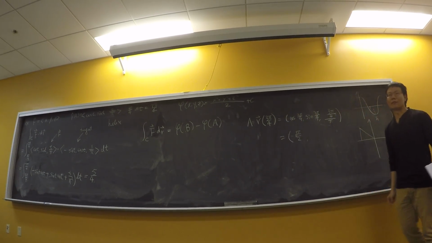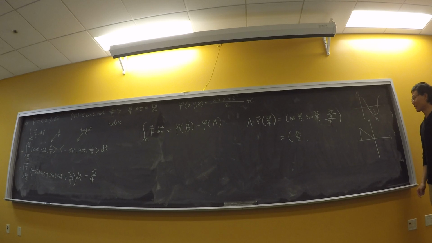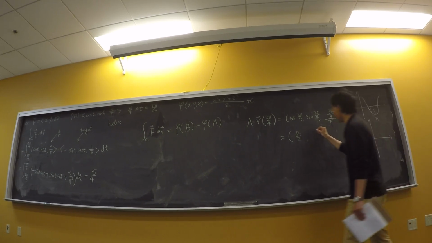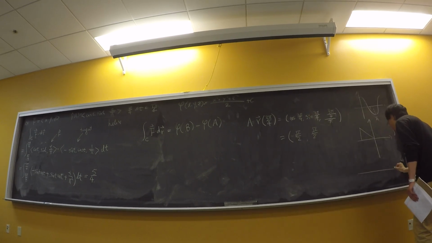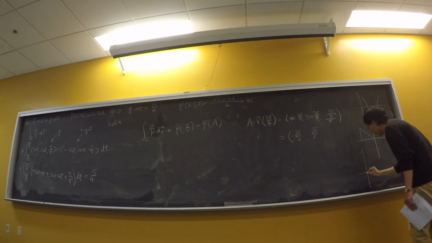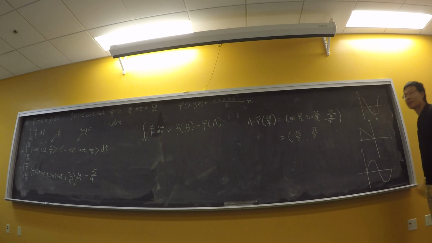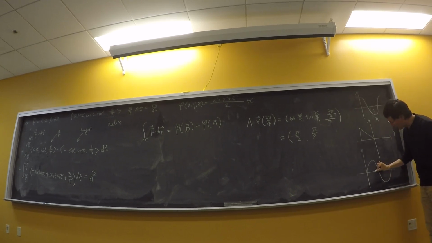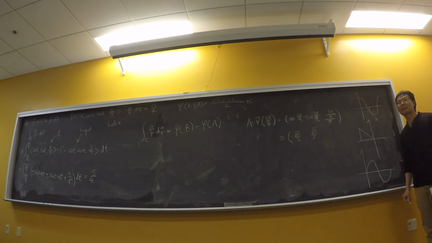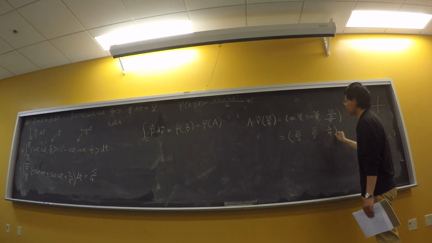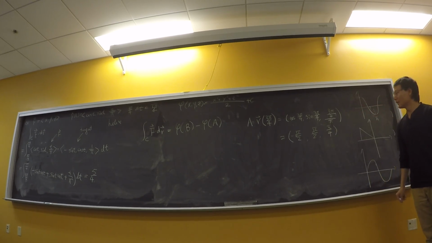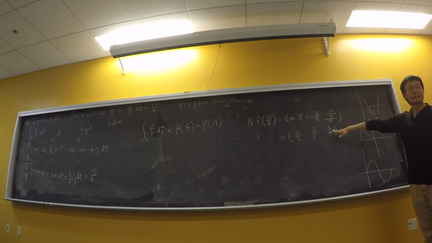So what's sine 3 pi divided by 4? Using the same triangle, it's going to be square root of 2 divided by 2. Or if you want, you can use a sine curve which goes like this. 3 pi divided by 4 is actually here, so it's a positive square root of 2 divided by 2. And I have 3 divided by 4 right here. So my initial point is this.